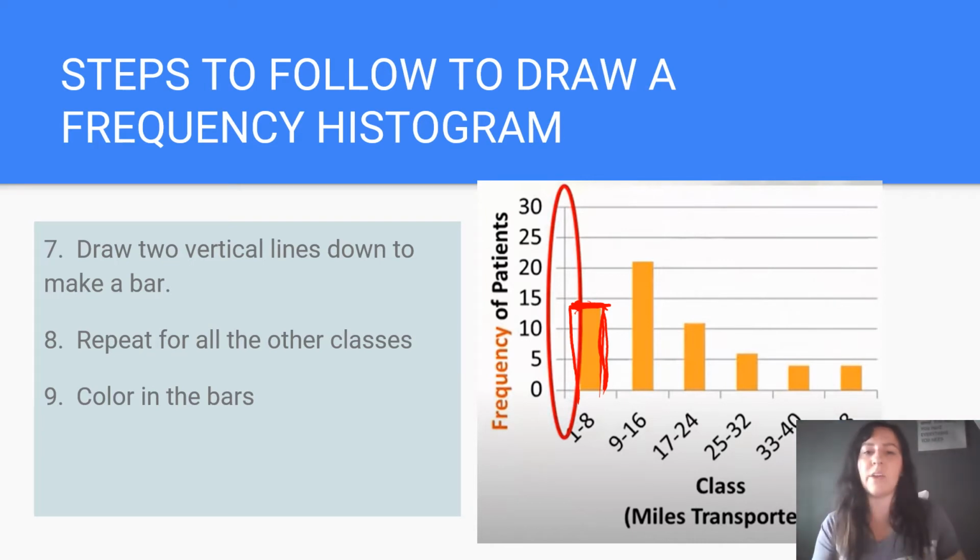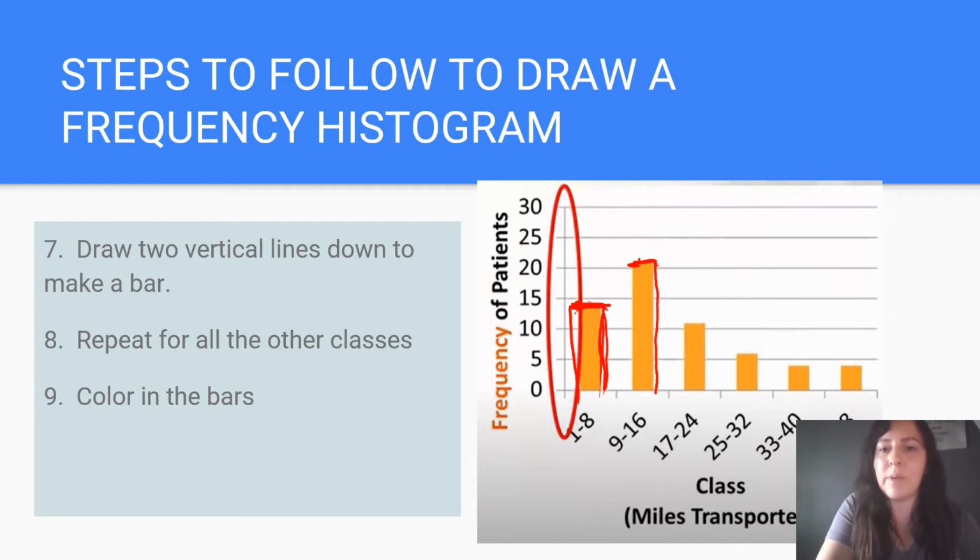You can look back at your frequency table and see what those frequency numbers were in your data, and then fill this out. This is already filled out for us, but you're going to repeat basically the same steps for every single class in your study. Then you get to color in the bars. That's your last step. Pretty fun, huh?